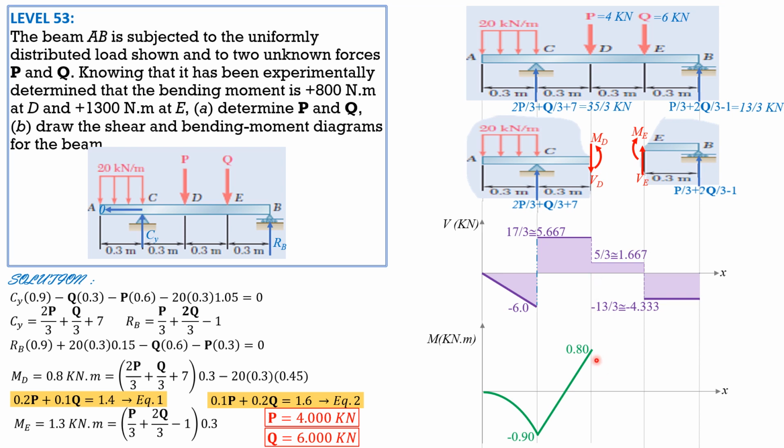Then plus 5/3, so that's why it's 0.8 moment at D, plus 5/3 times 0.3, 0.8 plus 5/3 times 0.3, another straight line but with lesser slope, is 1.3, which is given here, moment at E. Then minus 13 over 3 times 0.3, and that should be 0.